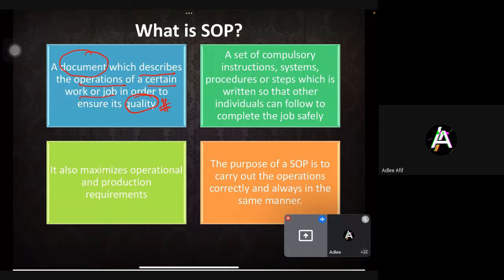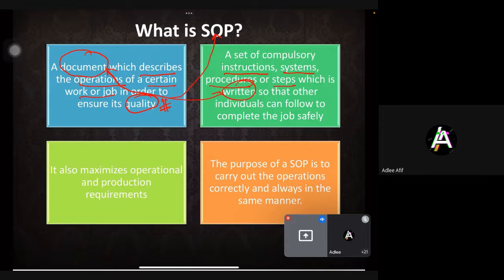To make sure that you can perform the task greatly and in good quality, you have to follow the SOP. It is actually a set of compulsory instructions or systems or procedures or steps which is written. Remember, document and written, so that other individuals can follow it to complete the job safely.